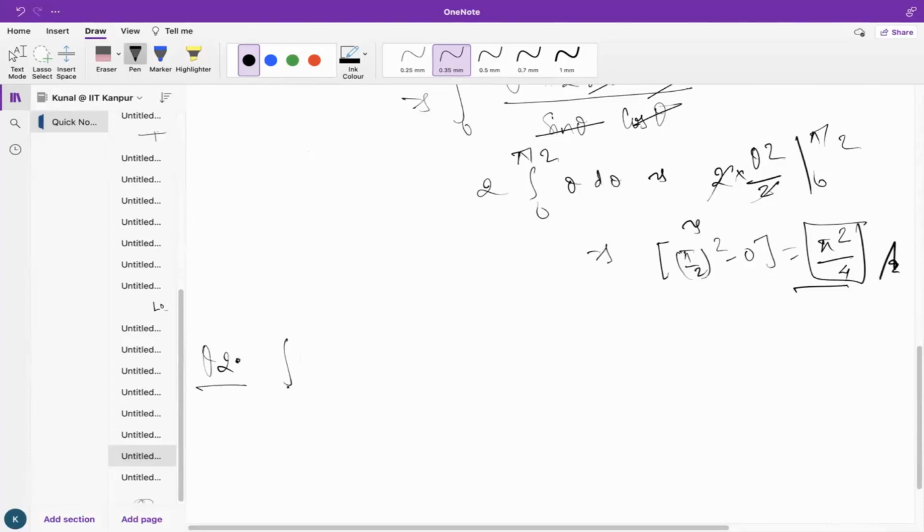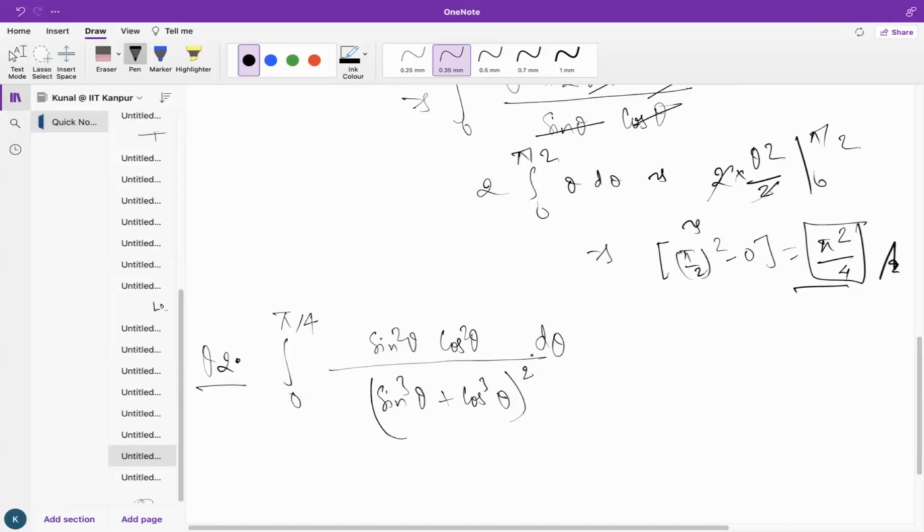We have to integrate from 0 to pi by 4, sine square theta cos square theta divided by (sine cube theta plus cos cube theta) whole square, d theta. Right, so we have to integrate this, and here theta varies from 0 to pi by 4.